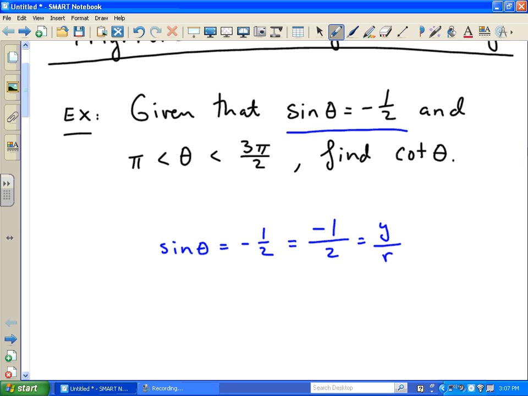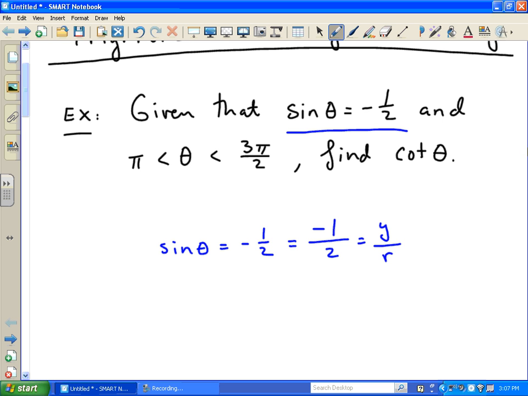R can't possibly be negative, so it has to be a positive 2. That means that the negative needed to go with the 1, and that would be the y value. Now, which quadrants would this possibly occur in?